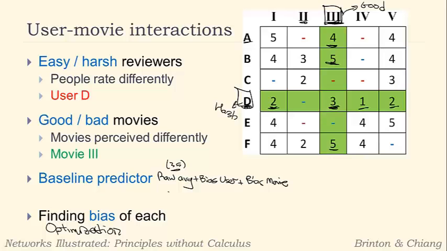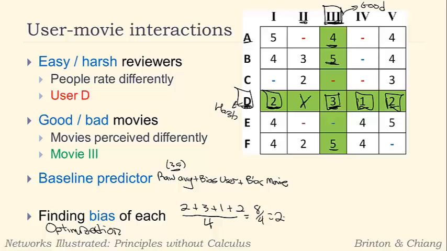So we'll take 2 plus 3 plus 1 plus 2. That's the average of these values, 2, 3, 1, and 2. Again, remember, we're not including anything that is in the test set when we compute these biases. Divide that by 4, since there are just 4 of those values, and that is 8 divided by 4, which is 2.